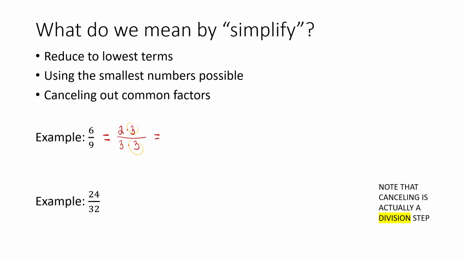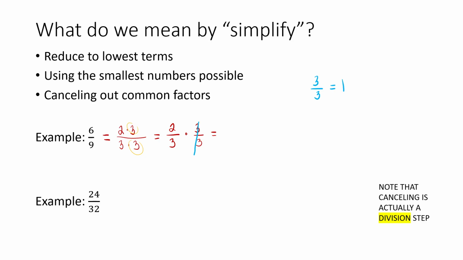Now, another way we could write this, and this entails knowing how fractions work, is as 2/3 times 3/3. If you remember how to multiply fractions, you just multiply straight across the top and straight across the bottom. So I could basically unmultiply those and say that's 2/3 times 3/3, but 3/3 is 1. 3 divided by 3 is 1.